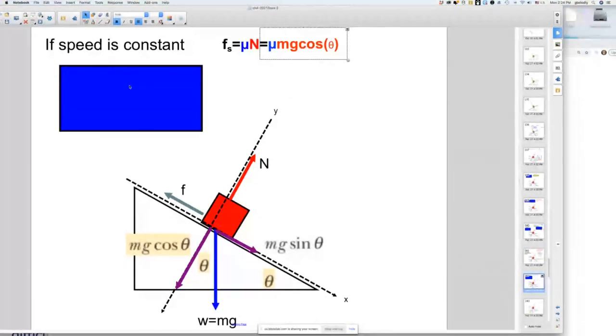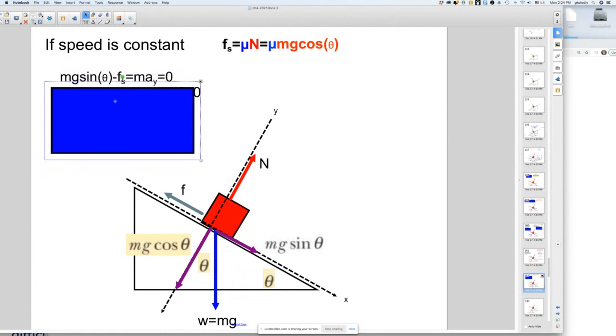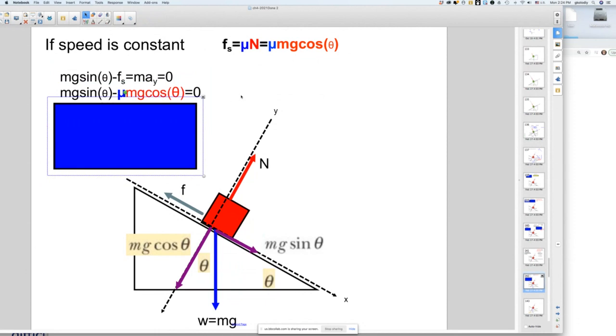So to the situation where the speed is constant again. So we just saw that when the speed is constant, the force of static friction is mu mg cosine theta, and the normal force is mg sine theta. So both of those have to add up to 0, and I'm going to put in for F this. So don't forget, this is what I'm writing.